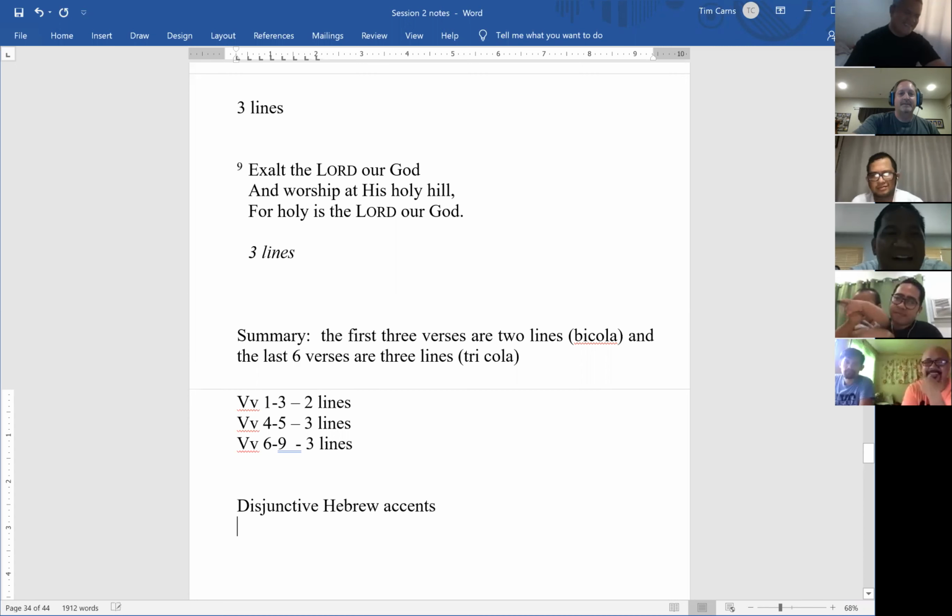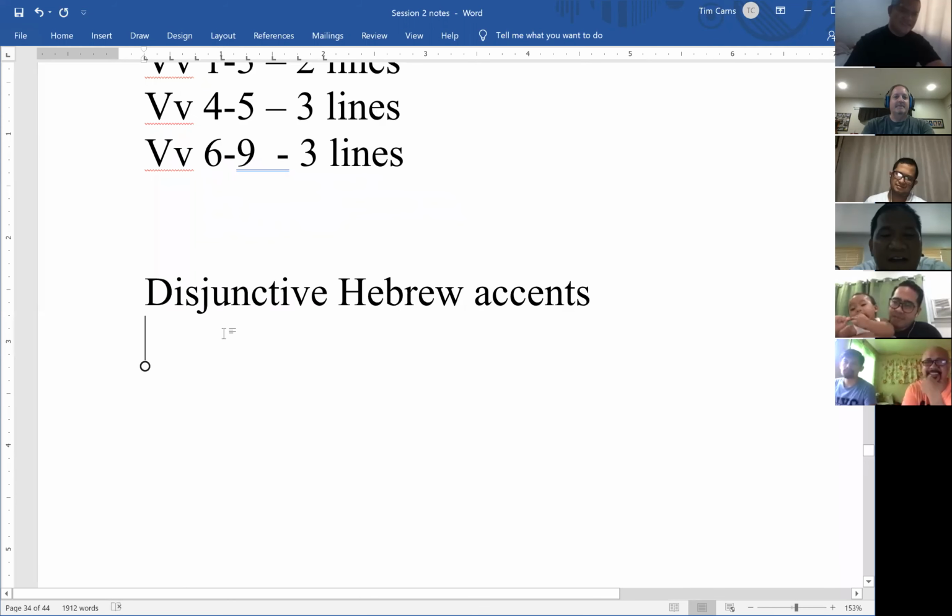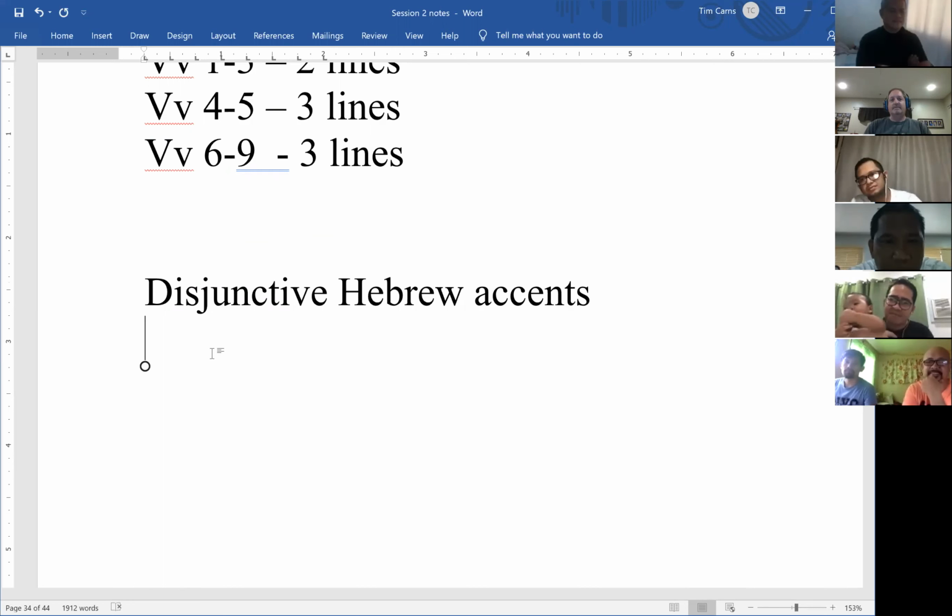So you can sound really smart, but basically there are small marks on the text that are indicators of division of the line. I'll show you an example next week. And there are many Hebrew accents.